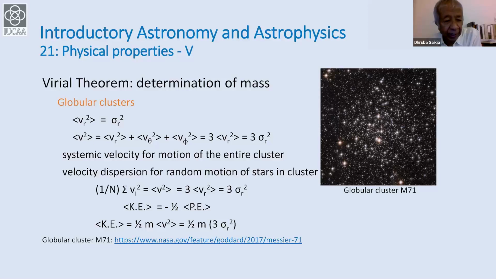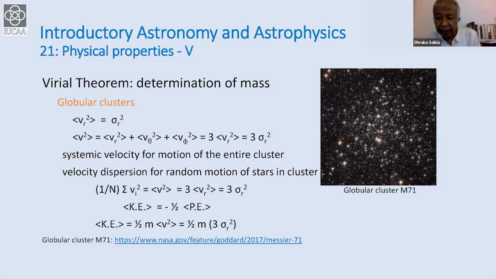But while looking at the random velocities of the stars within a cluster or of galaxies within a cluster, we have to take the systemic velocity out. For example, a whole cluster of galaxies may be expanding out due to the Hubble expansion of the universe. But within that cluster itself, the galaxies would be moving around in the potential of the cluster and have random motions.